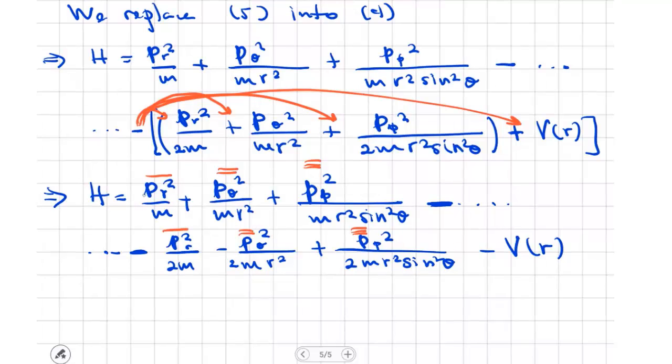So this is p_r squared divided by the mass minus 1/2 of p_r squared divided by the mass plus p_theta squared divided by m r squared minus 1/2 of p_theta squared divided by m r squared plus p_phi squared divided by m r squared sine squared of theta minus 1/2 of p_phi squared divided by m r squared sine squared of theta.